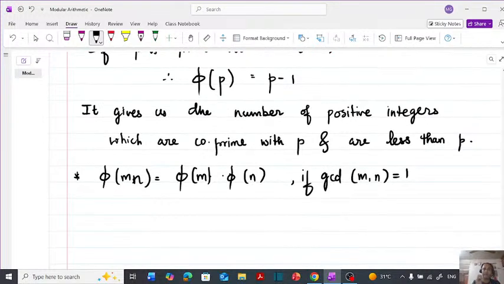So it means essentially phi is multiplicative.